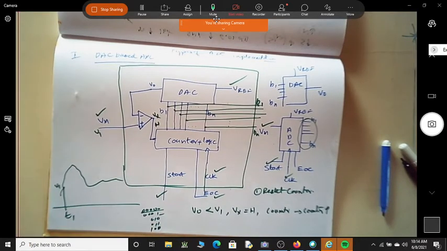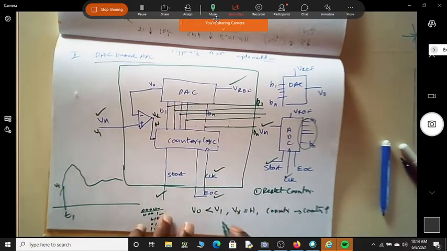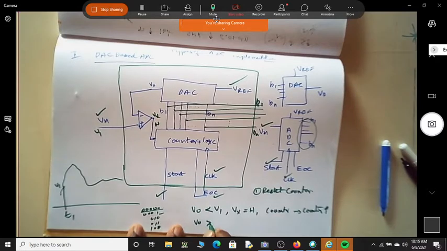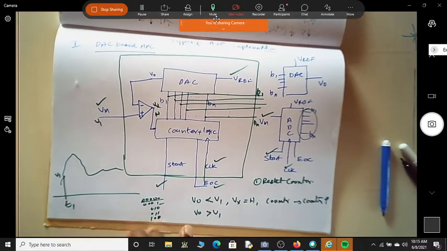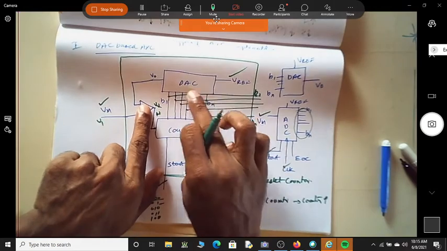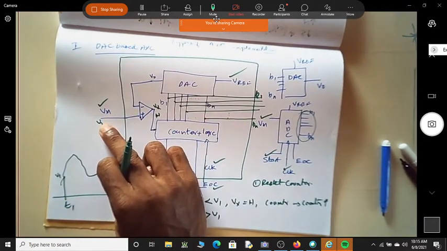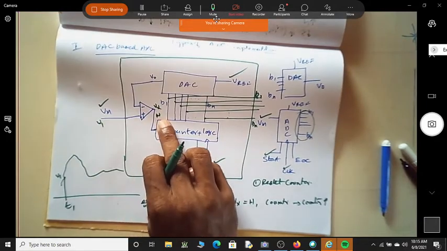Assume that a stage has reached where V0 is slightly greater than V1. What do you mean by V0 greater than V1? You have a binary input voltage such that this V0 is slightly greater than V1. So during that time, what can happen?